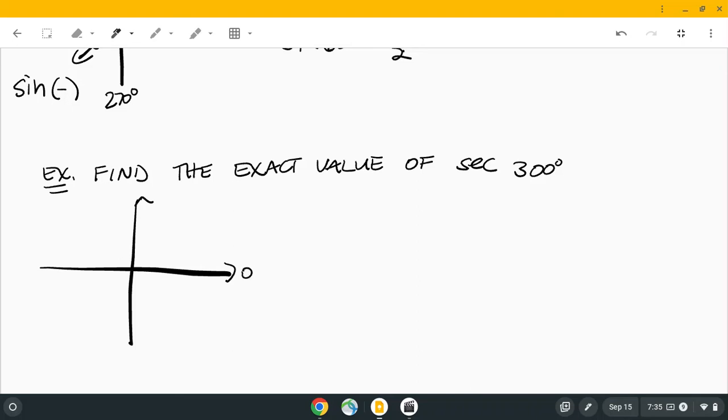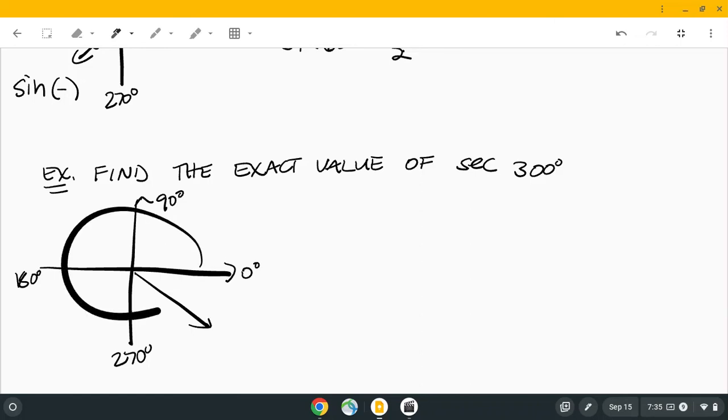All right, so we have 0, 90, 180, 270, and 300 is in here. This is kind of boring. I mean, not trig, but this problem, because we just did a 60. I didn't realize that I did a 60. Okay. So this is 300 degrees.